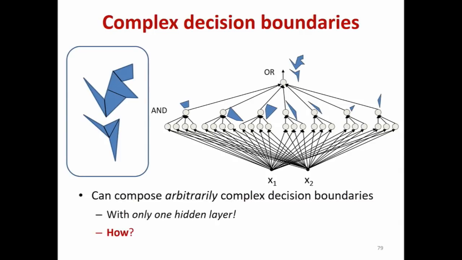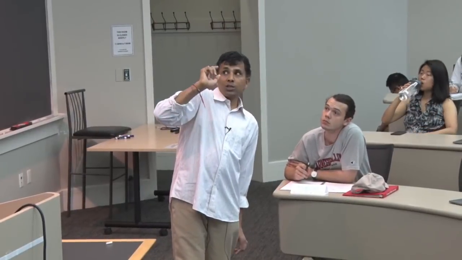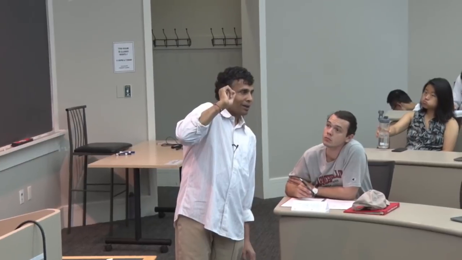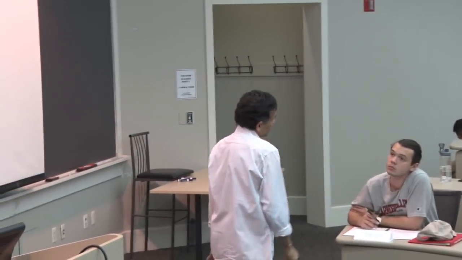arbitrary decision boundaries. But tell me, can I compose an arbitrary decision boundary using only one hidden layer? We saw we can do a star. I want you to do this using only one hidden layer. How would you do it?